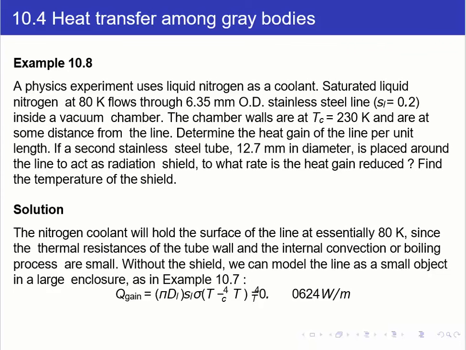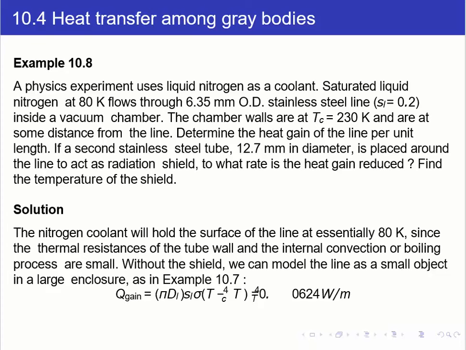Let's discuss some examples for that. We have a physical experiment that uses liquid nitrogen as a coolant, and saturated liquid nitrogen at 80 Kelvin flows through a 6.35 mm outer diameter stainless steel line, where S1 is equal to 0.2, inside a vacuum chamber.